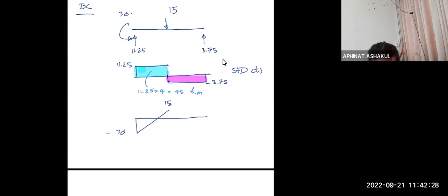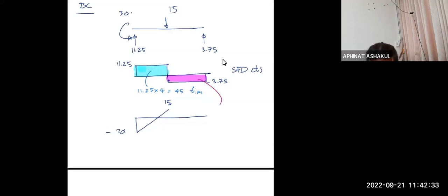Same color. Here is minus 3.75 multiplied by 4. So that's minus 15, right? So that's good enough to bring everything back down to 0. So that's your bending moment diagram.